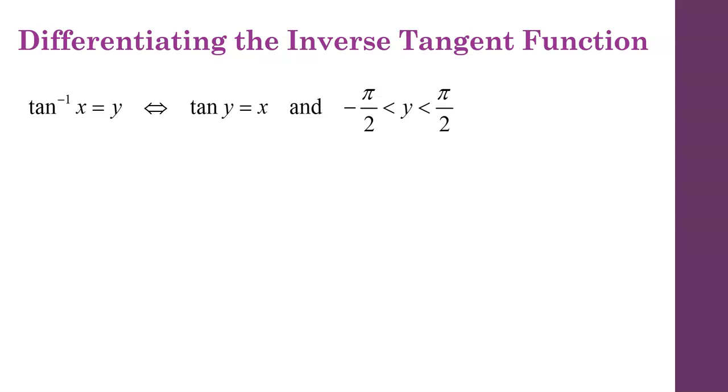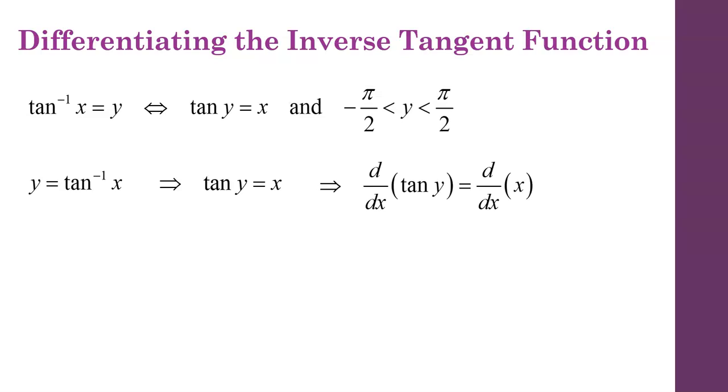Okay, so if I go ahead and start with a function y equals tangent inverse of x, we don't know how to take a derivative of it yet, so I'm going to convert this using the inverse tangent rule to say tangent of y is equal to x, just as we saw above, and then take the derivative of both sides. And again, we're going to do the derivative of the left side implicitly. So I take a derivative of tangent of y on the left and derivative of x on the right side, both with respect to x.